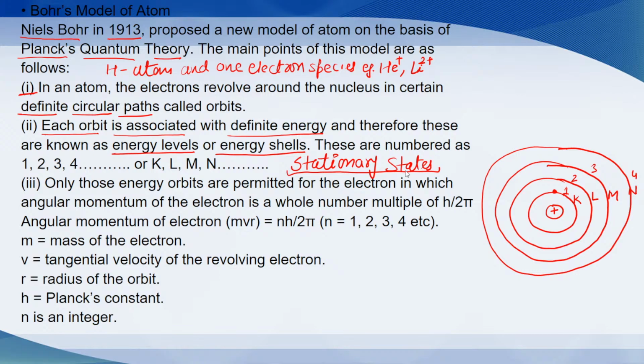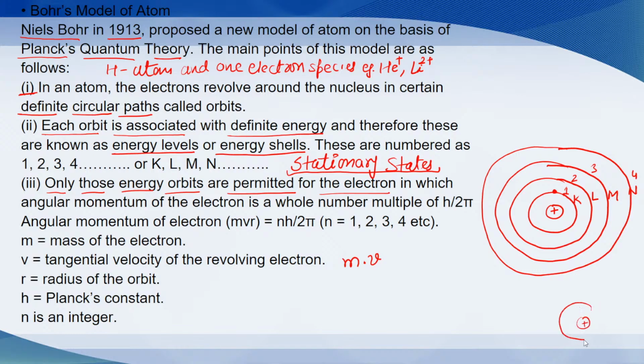Okay. Now, as this orbit is associated with a definite energy, what type of orbits are permitted? He said only those orbits are permitted for the electron in which the angular momentum, what is angular momentum? Mass into tangential velocity. What is tangential velocity?